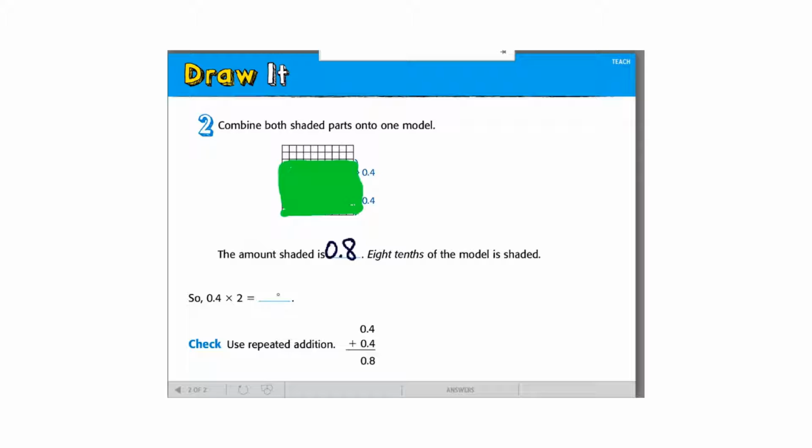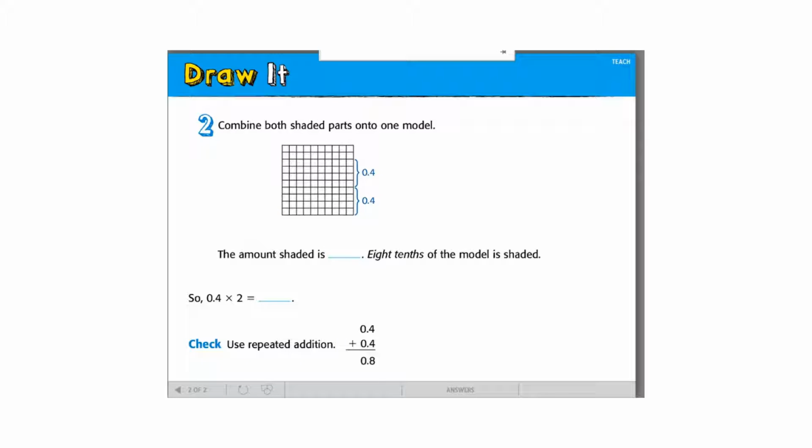So 4 tenths times 2 would be 8 tenths. Because on this one it was times 2, it was almost like adding, which we've done before, like in the last chapter, right? It's almost like we added 4 tenths plus 4 tenths. That's the same thing as 4 tenths times 2. That's why they were showing you down here. You could use repeated addition to help you solve that one if you want to check your work.